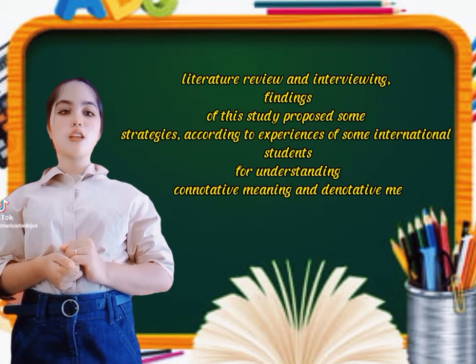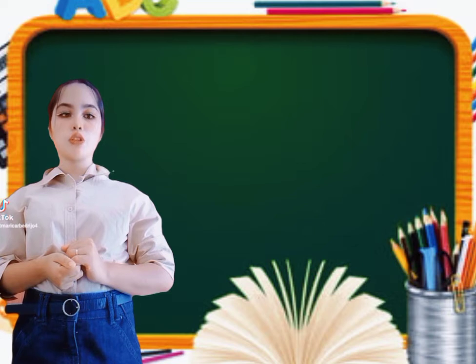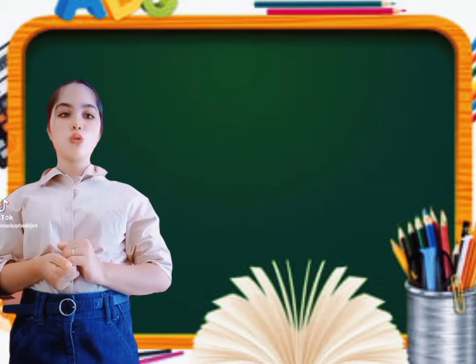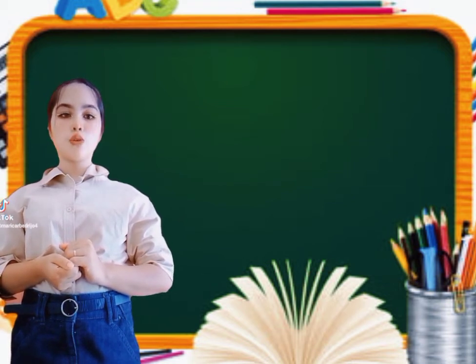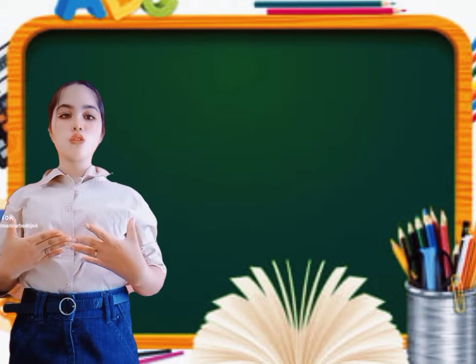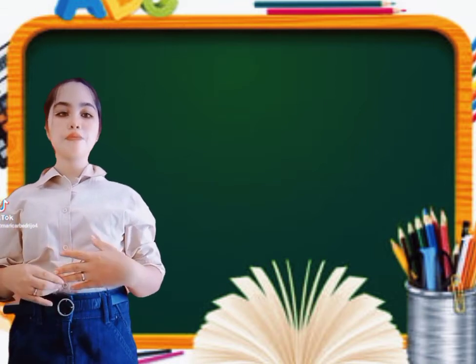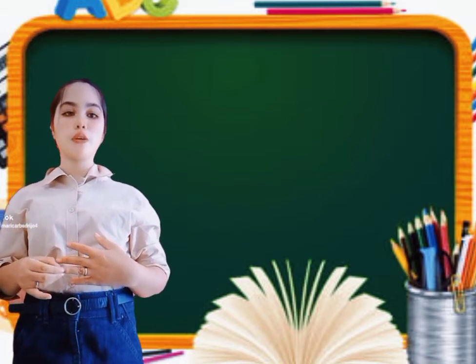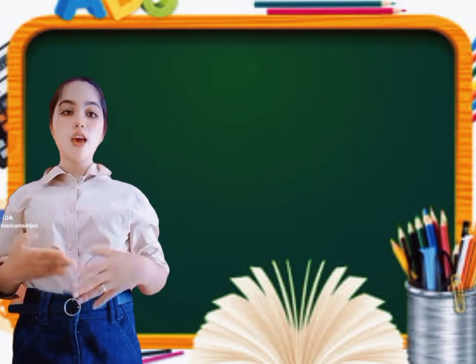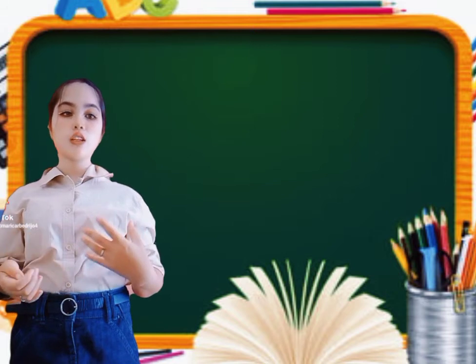The study focused mainly on carrying out a thorough investigation of some different connotative meanings in different cultures through literature and interviews with 10 international students. Findings of the study proposed some strategies, according to the experiences of the international students interviewed, for understanding the connotative meaning of words in English culture.